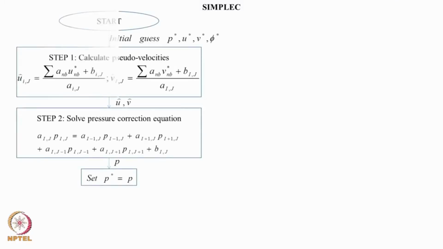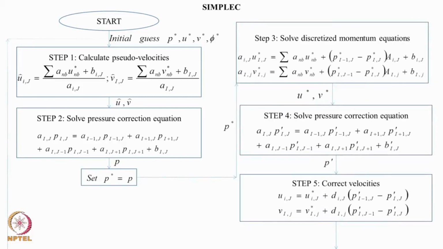Without going into the details, we have a flow chart to explain the SIMPLEC algorithm in detail. Here we start with the initial guess, that is the initialized condition P star, U star, V star and phi star. We calculate what is known as a pseudo velocity as shown here.